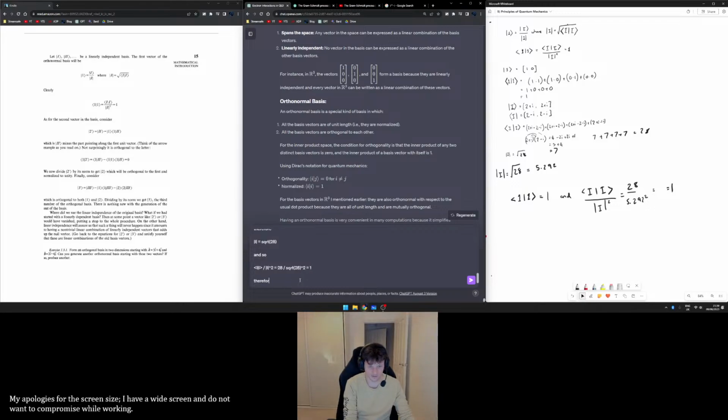Therefore, indeed, 1, 1 is equal to I divided by I to the power of 2, which equals 1.